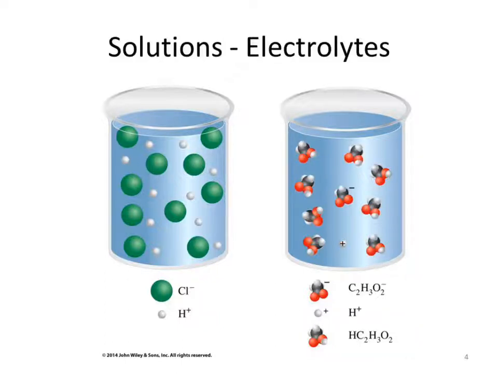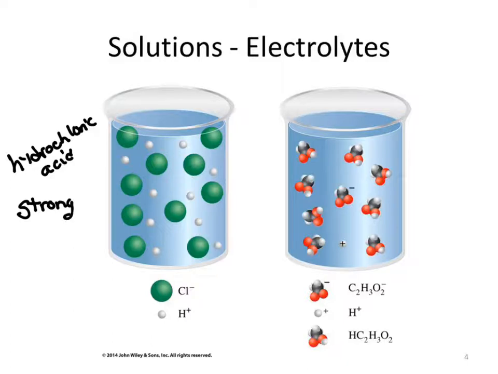When you look at these two pictures, the HCl, the hydrochloric acid, is it a strong electrolyte or a weak electrolyte? When you answer that, think about whether we have a lot of ions there or only a few ions. If you're looking at this and you think there's a lot of ions, you're correct. So is that strong or weak? Well, it would be a strong electrolyte.